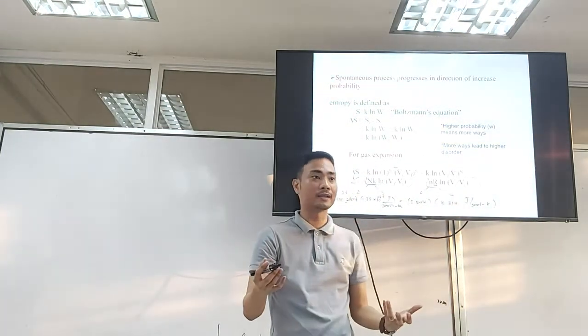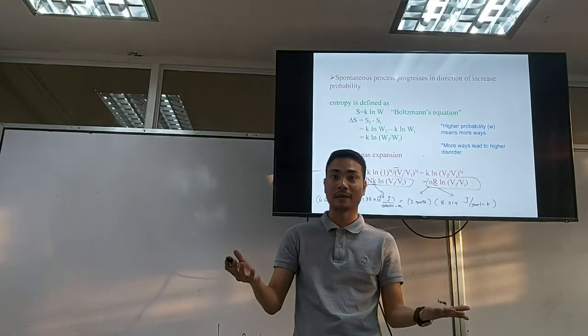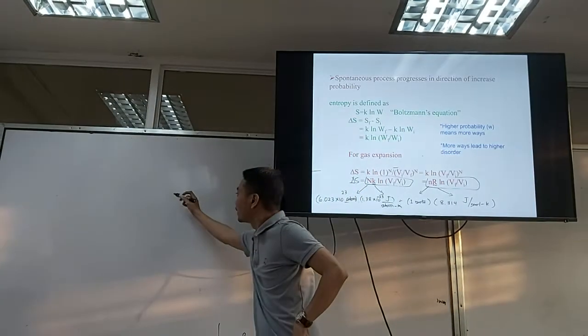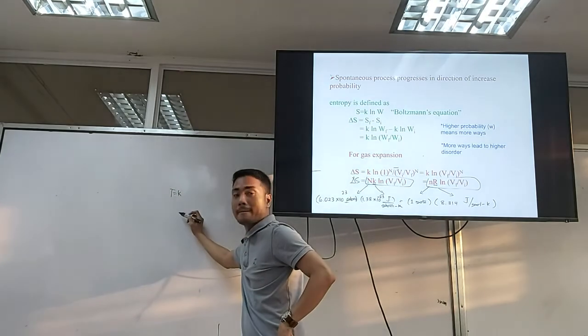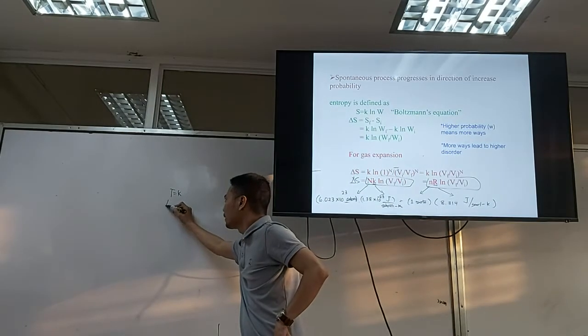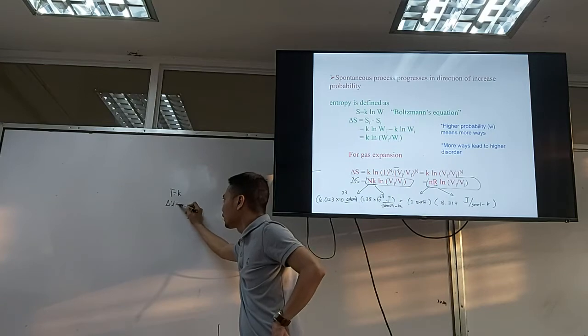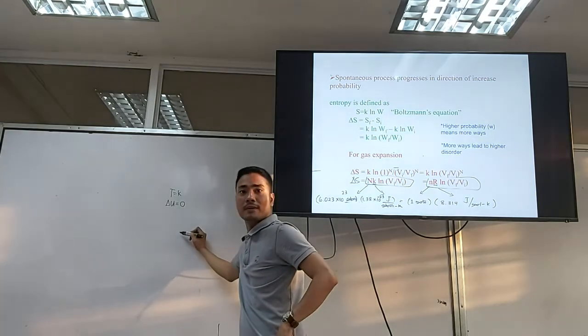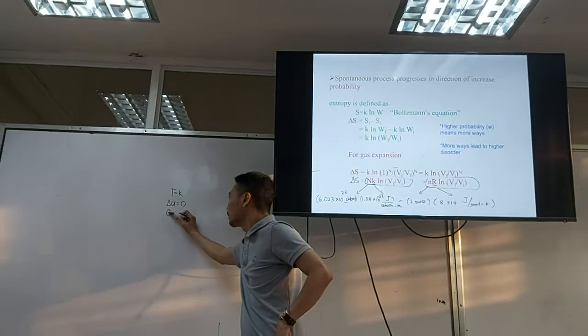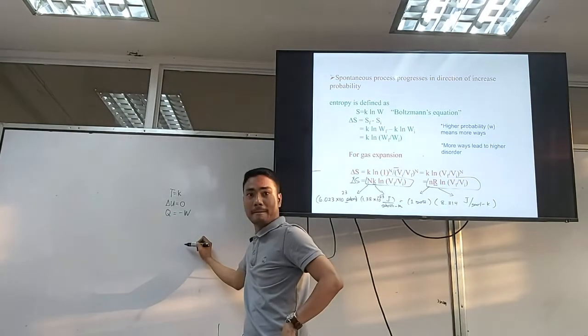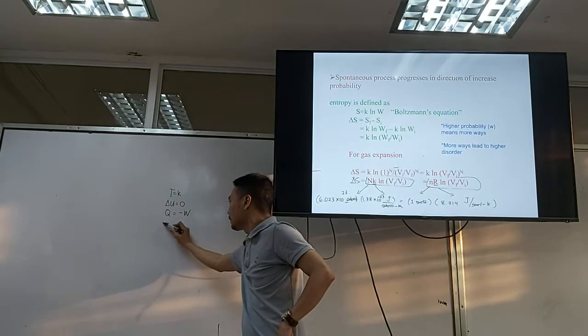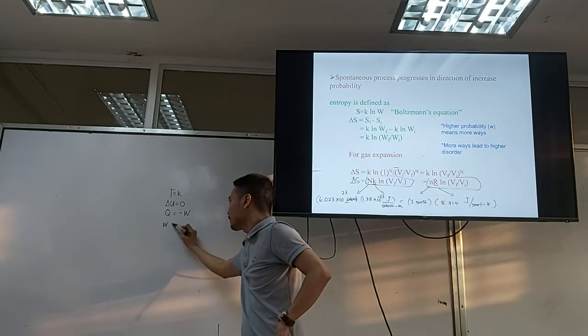So apply natin ang isothermal process sa Carnot engine. Isothermal, T is equal to what? To constant, right? And we all know that delta U for an isothermal process is equal to 0, such that Q is actually equal to the negative of W. Now, the negative of W is equal to what?